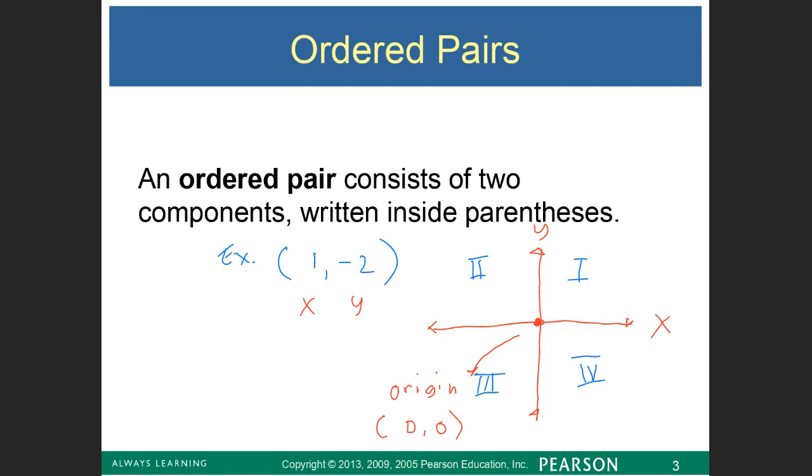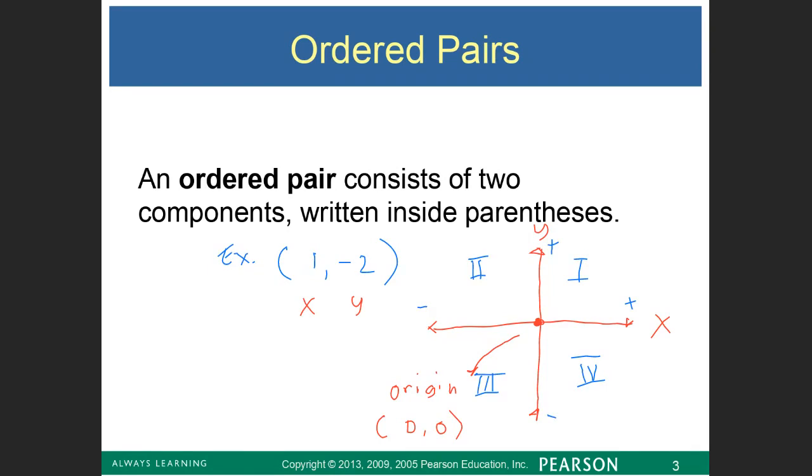Now, when you're looking at the x-axis, going to the right is the positive value, and going to the left would be the negative value. For the y-axis, going up gives positive values for y, and going down would be the negative values for y.